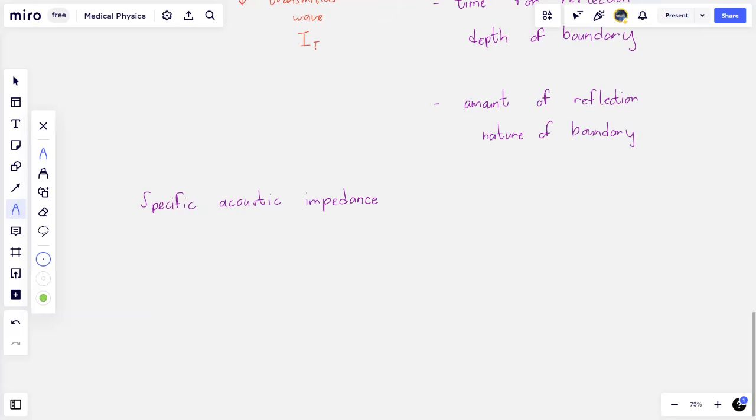Specific acoustic impedance, which is given the symbol Z, is equal to the density of the medium rho times the speed of the wave in that medium. So whatever medium it is, if it's skin, bone, tissue, etc., rho is the density of that structure. And c, don't confuse c for the speed of light, it's actually the speed of sound in that medium.